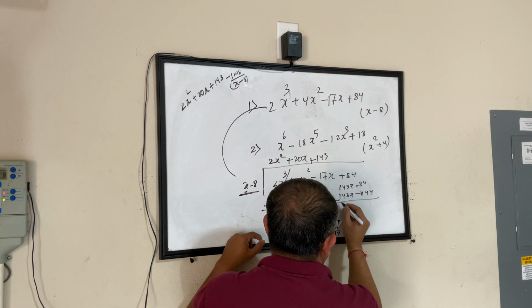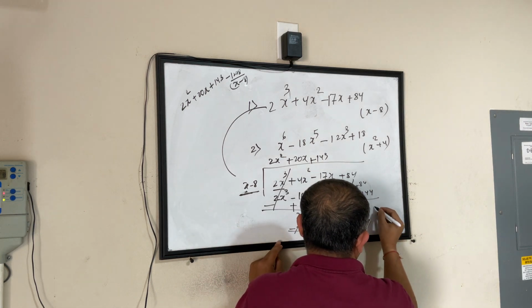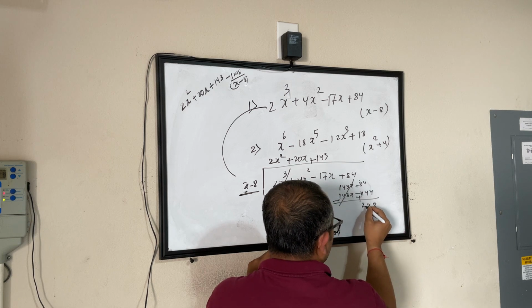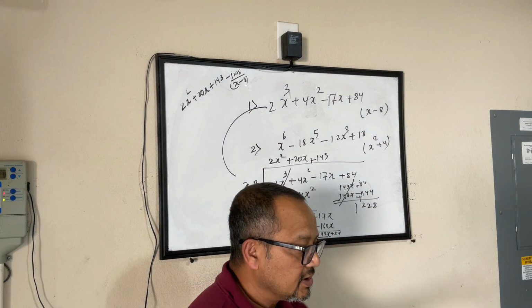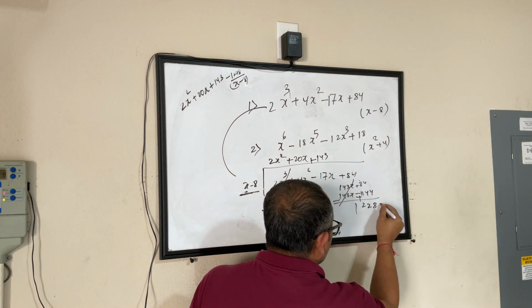This is minus, so it becomes plus. This is gone, and then this becomes 4 plus 4, 8, 8 plus 4, 12, and 1 plus 1, 2. So this is your remainder, 1228.